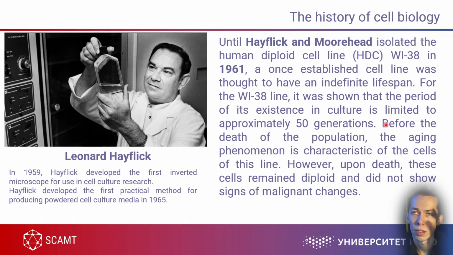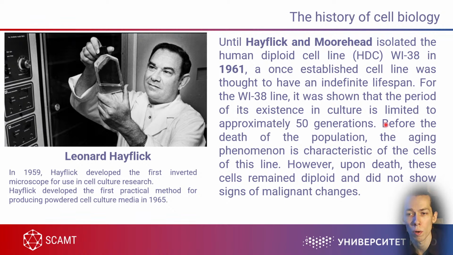After some number of passages, they will die, and no one knew why. Probably conditions are good, and some of the cells can even be maintained in blood or plasma, but they still die. And what was the reason? The reason was that there are telomeres on the end of chromosomes, and because of shortening of these telomeres, at some point the cell cannot divide anymore and it's dying.